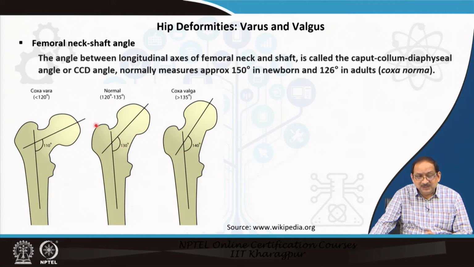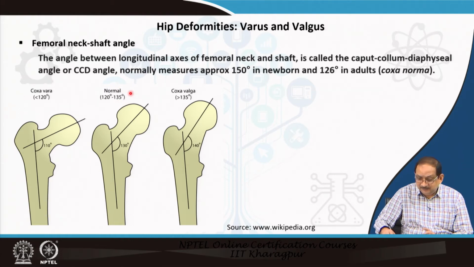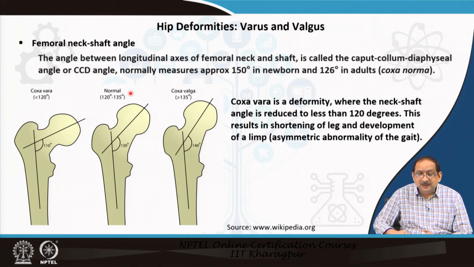So, this is the normal condition between 120 to 135. The neck shaft angle corresponds to a normal condition. Now, for a varus deformity, the neck shaft angle is reduced to less than 120 degrees.